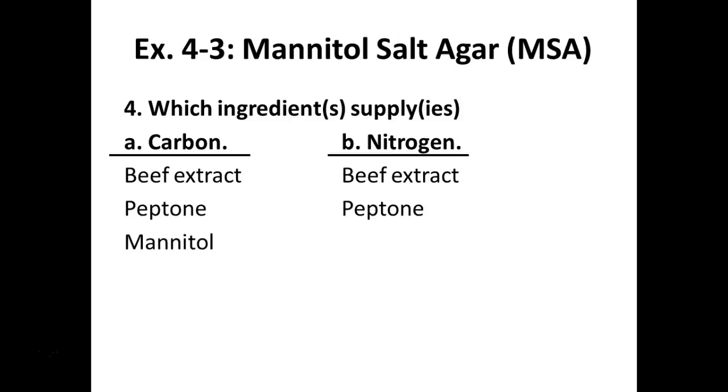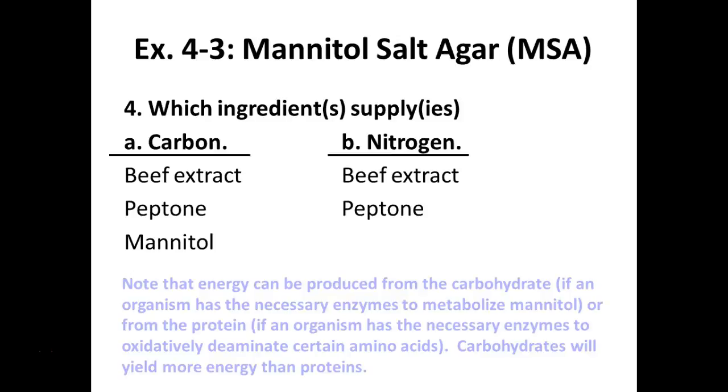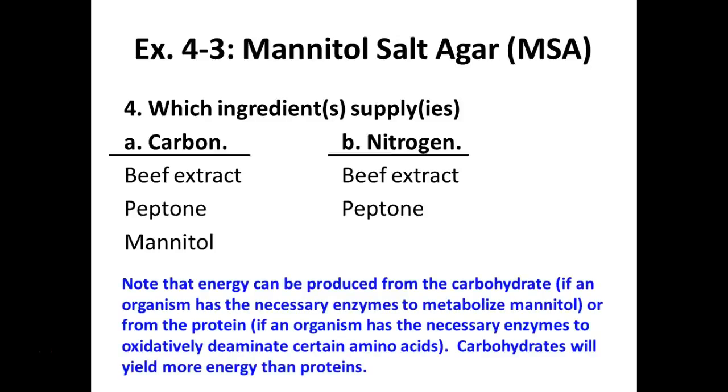Mannitol is only carbon, right, and water, sugars, or carbohydrates. Carbon, hydrogen, and oxygen. No nitrogen. Know that energy can be derived from carbohydrates. Most organisms prefer carbohydrates, sugars, right?